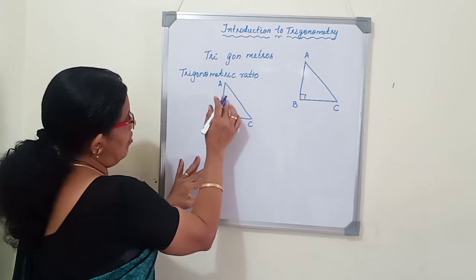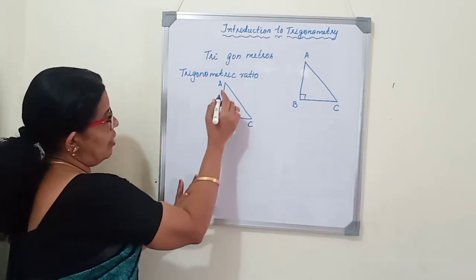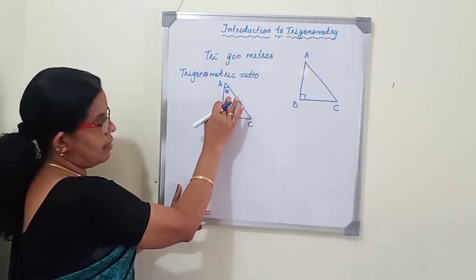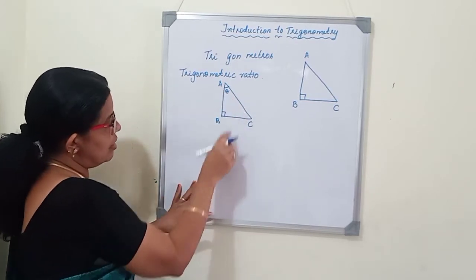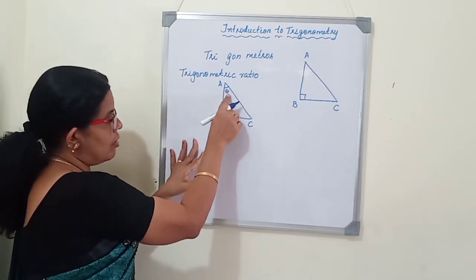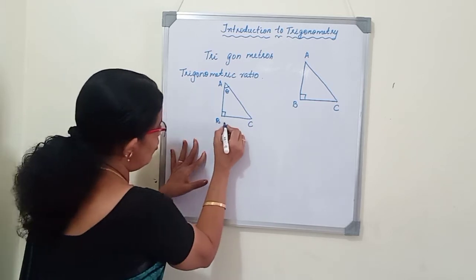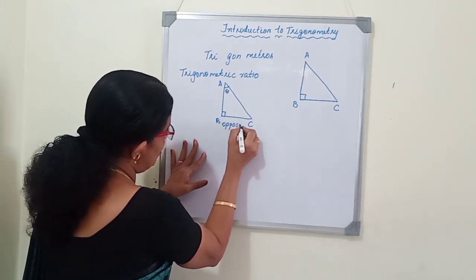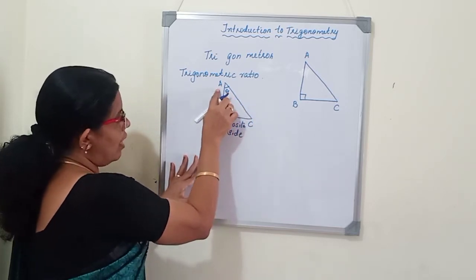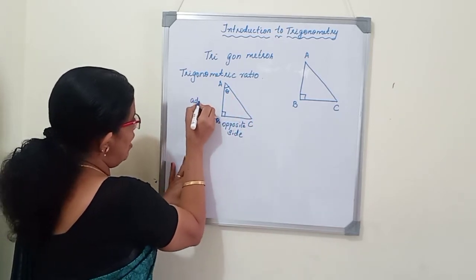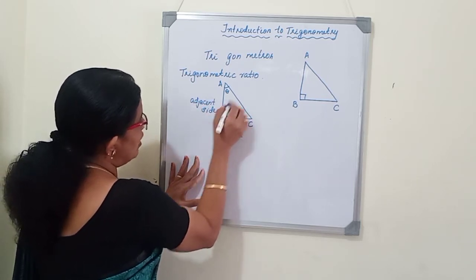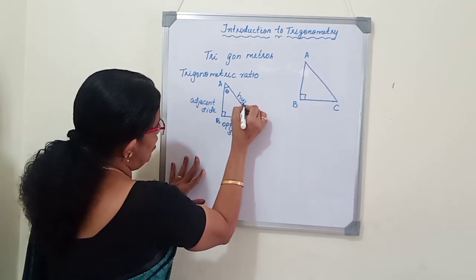So here I told you acute angle will be measured with the letter theta. If angle A we considered as theta, with respect to this theta, BC is the opposite side. And with respect to theta, AB is the adjacent side. And of course, AC is the hypotenuse.